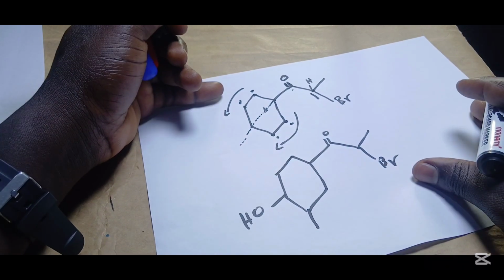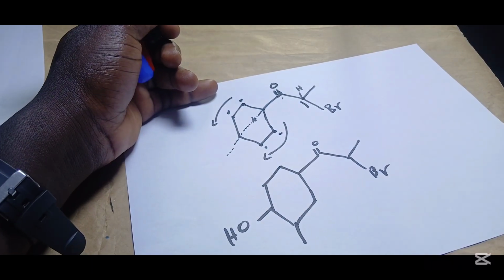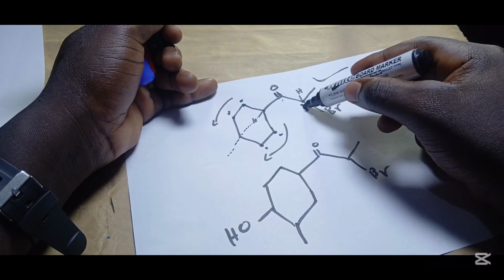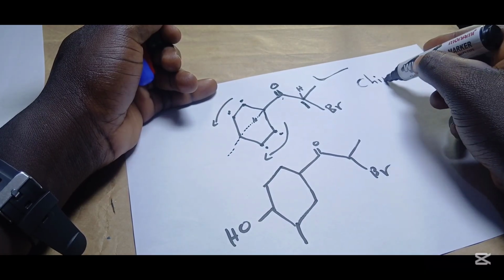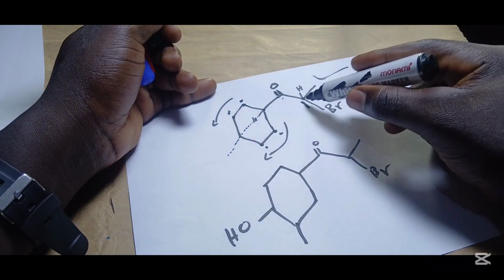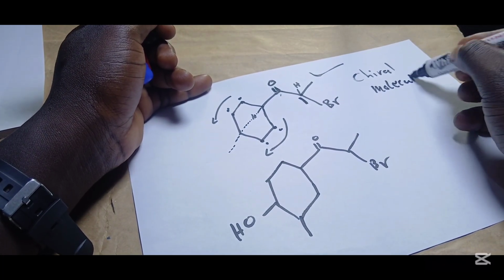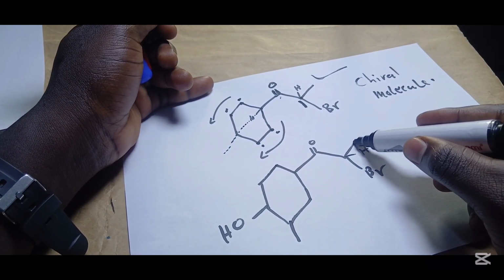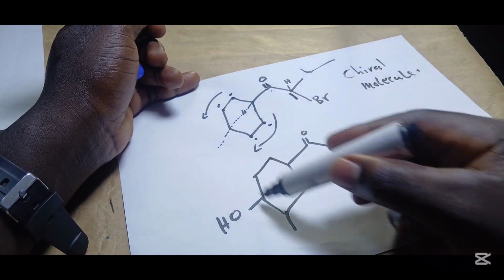Let's look at the number of chiral carbons in this molecule and determine whether this molecule is chiral or achiral. Well, this molecule here has 1 chiral carbon atom, so it is a chiral molecule. We know this carbon here has a methyl group, hydrogen, bromine, and another substituent here.